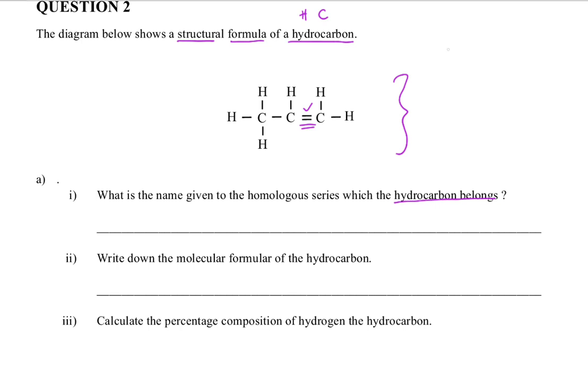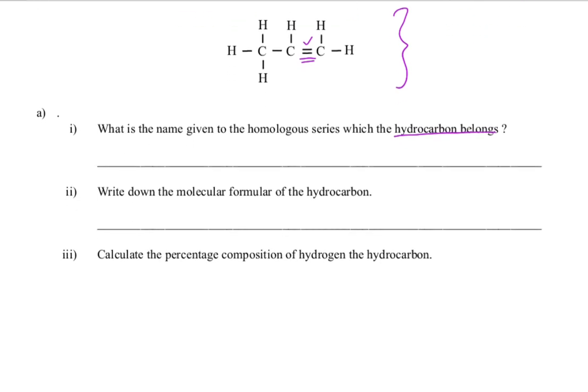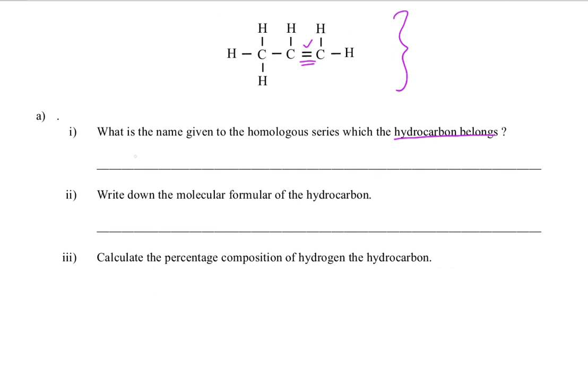Normally when we find those C=C bonds, we have alkenes. So alkenes are the ones that have the C=C double bond. So the name of the homologous series to which that belongs is an alkene.